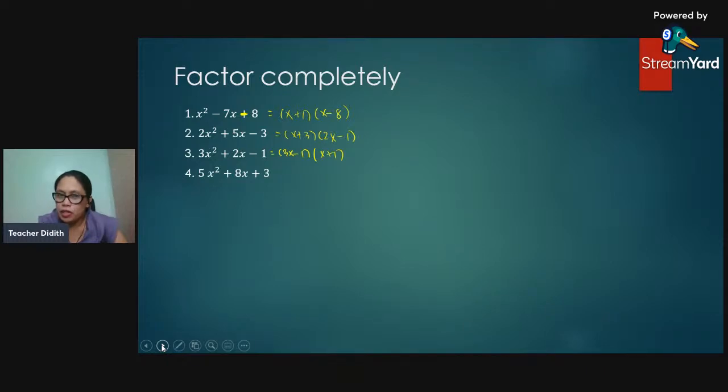So everything is positive in the fourth example. Okay, Meiji has an answer.